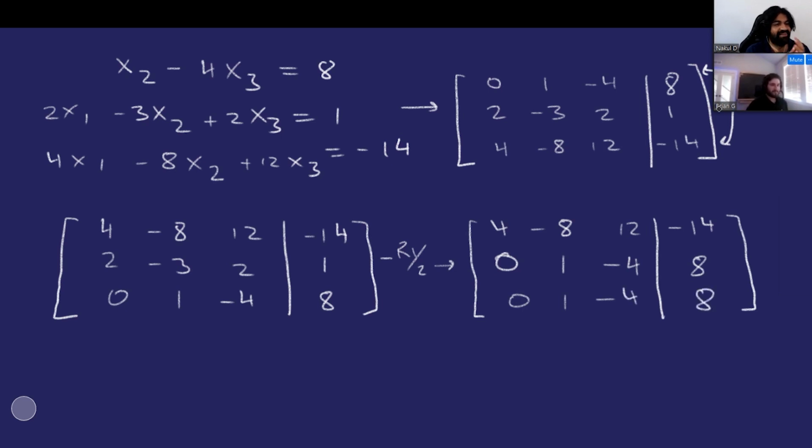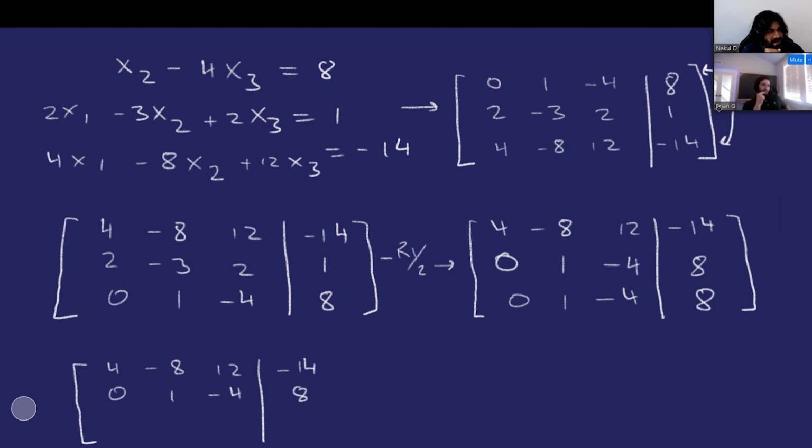Now what would you like to do? I have a feeling we need to make this 1 in the third row go to 0. Okay, so you would subtract the second row from the third row, right? Yes, exactly. All right, let's see what happens when you do that. So the first row stays the same. 4, -8, 12, -14, 0, 1, -4, 8.